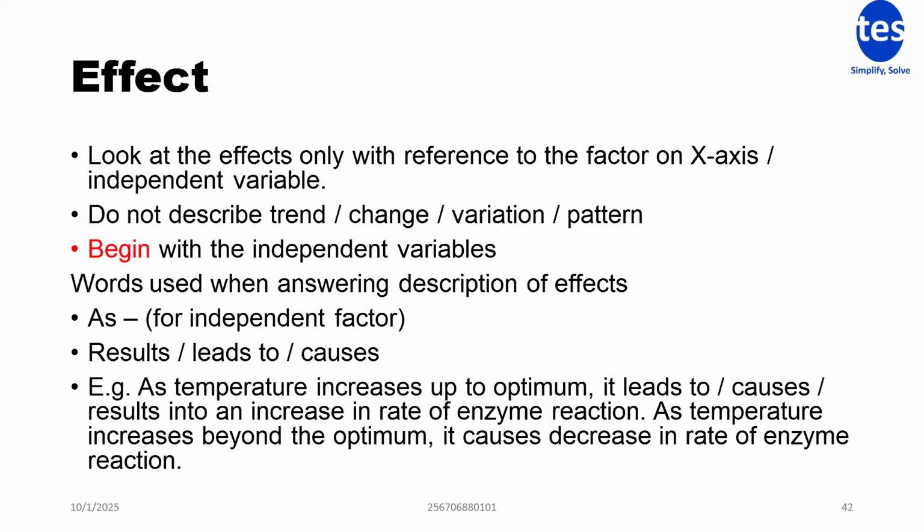Or sometimes you can say increasing the temperature from 0 degrees Celsius to 50 degrees Celsius increases the rate of enzyme activity, or causes an increase in the rate of enzyme activity. So the words we are introducing during effect are leads to, causes, or results in.